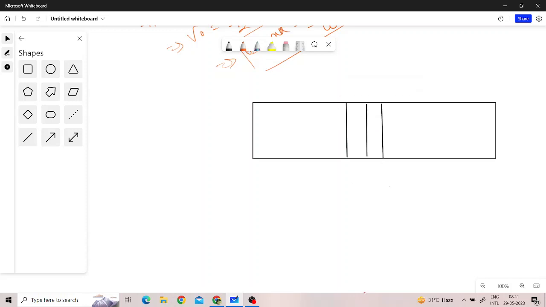So this is P, this is N. So let's plot the band diagram here.